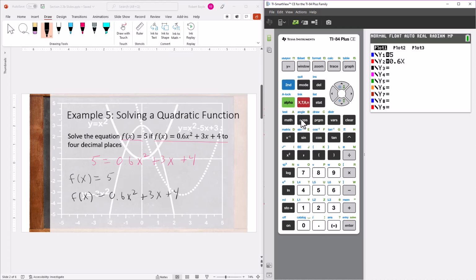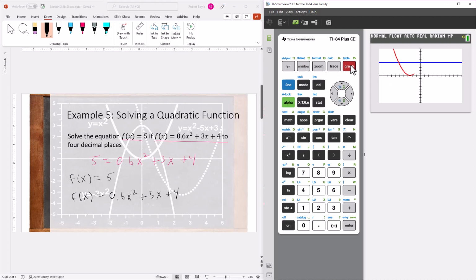Okay, and since I want to square it, well, there's our square key. Just hit that. So I have 0.6 x squared plus 3. You can do times, you don't have to. Once again, x plus 4. Okay. Now, if I have my window set correctly, we should be able to see everything. And if I don't, we'll probably need to adjust the window. So let's go over here and hit graph.